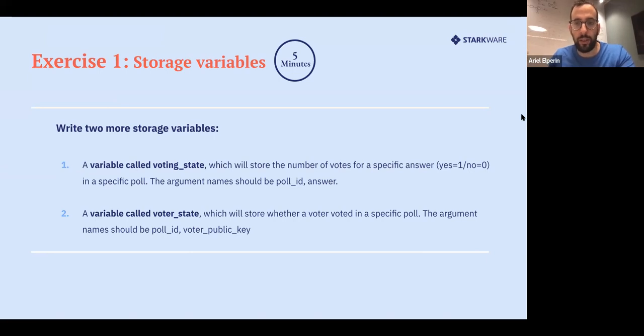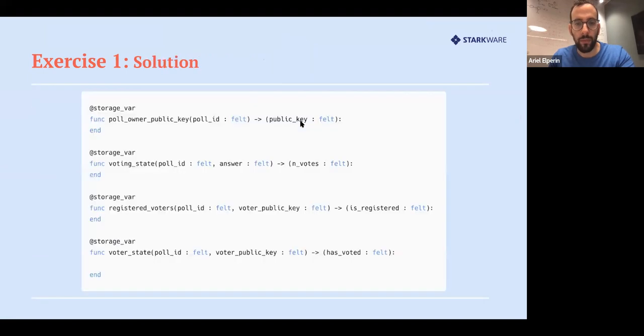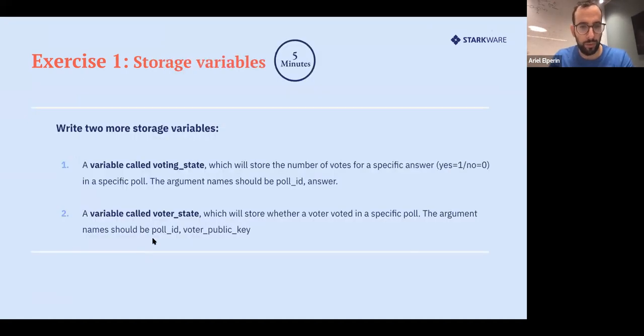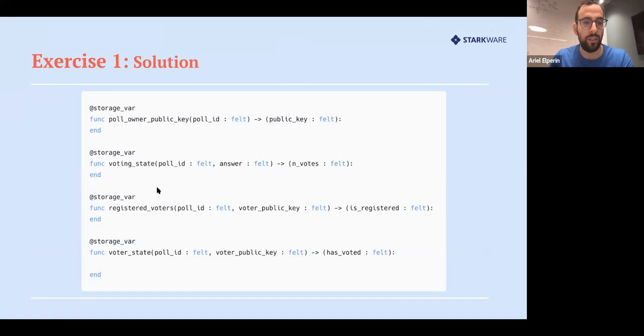Okay, so let's go to the solution. You can see we added our two new storage variables, voting state and voter state. Voting state is just a mapping between a pair, poll ID and an answer, to the number of people who voted for this option, so a single value.